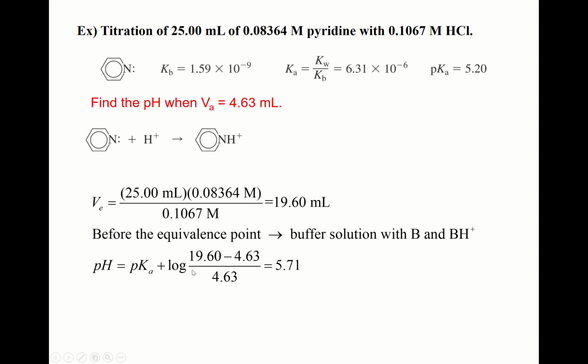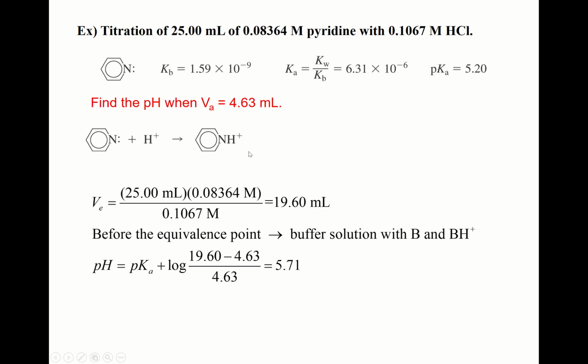pH equals pKa plus log. Now let's go the easy way. In order to arrive at the equivalence point, we need 19.60 milliliters.